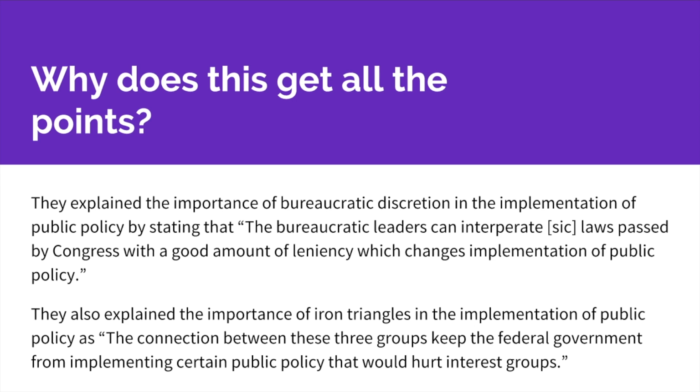That's a direct answer to the question that very clearly describes the roles of bureaucratic leaders and describes the importance of bureaucratic discretion. And they also explain the importance of iron triangles in the implementation of public policy, just as concisely, describing the connection between the three groups of the iron triangles clearly and concisely.